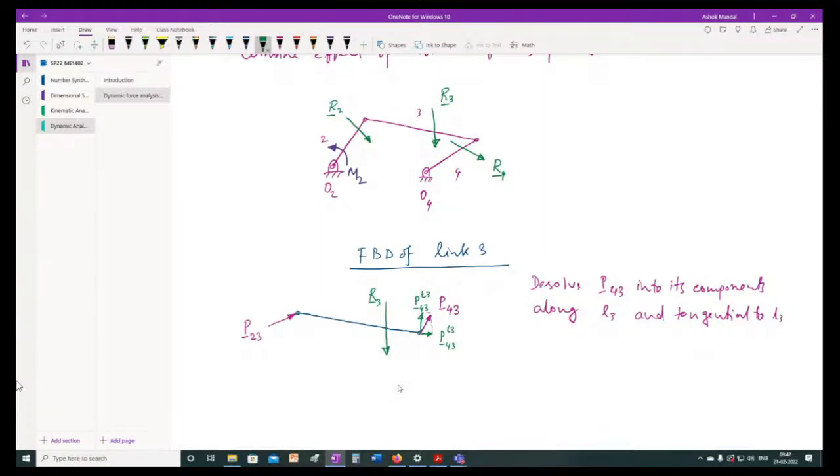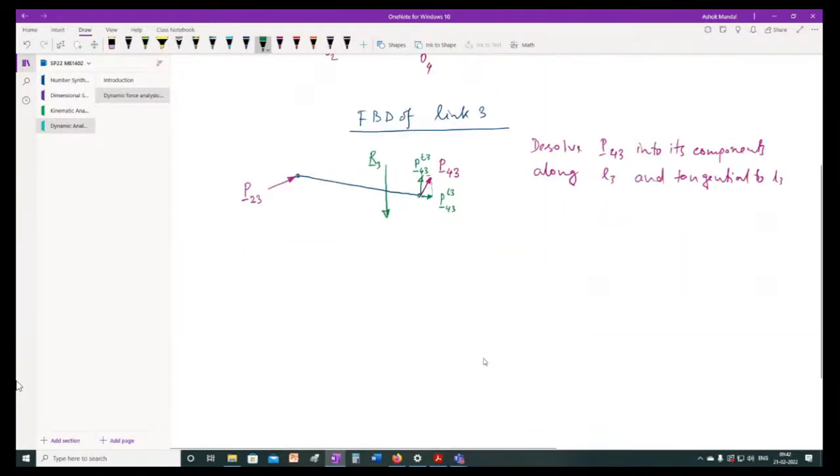Okay, now let us draw the free body diagram of link 4. So let us draw free body diagram of link 4.